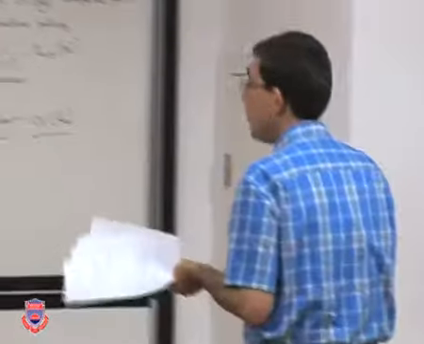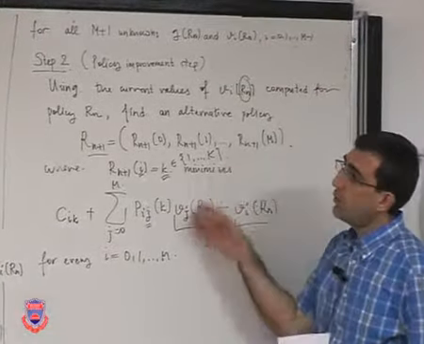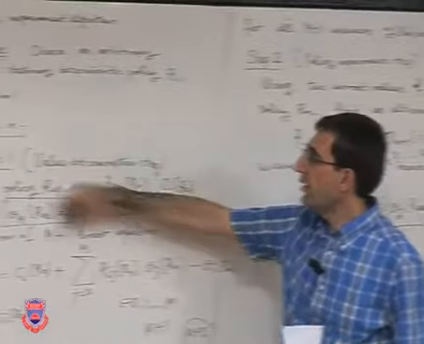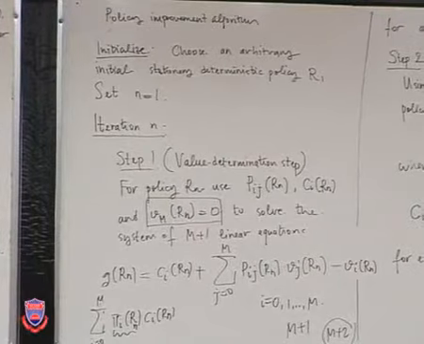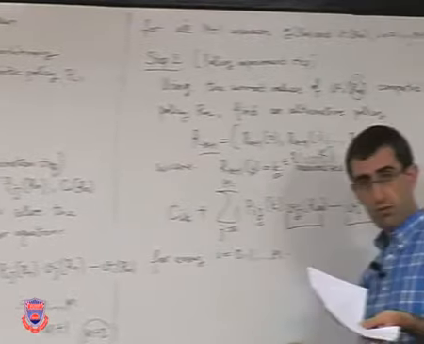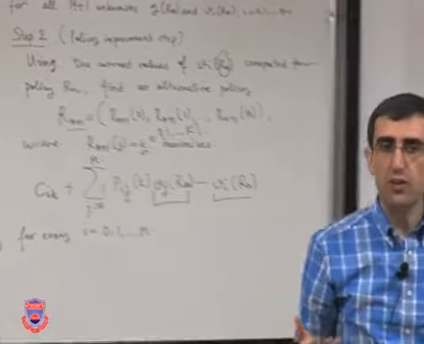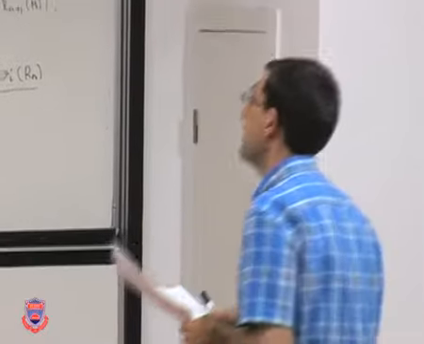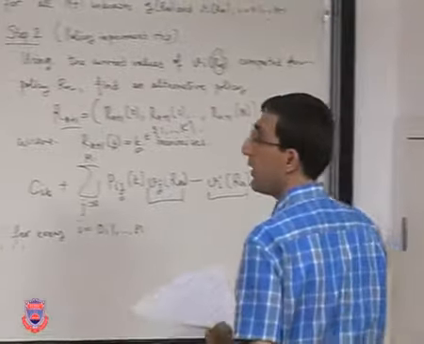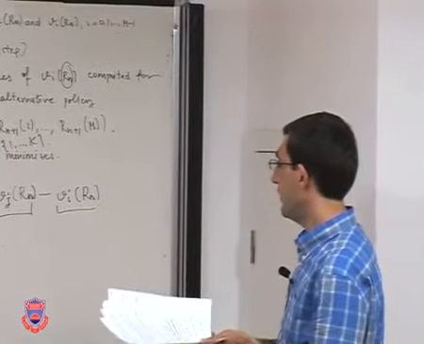And as I said before, since we assume that we have a finite number of states and a finite number of actions, you will have to iterate these two steps a finite number of times until you find the solution. So this algorithm is quite powerful. It converges, and for reasons that we don't really understand very well, it converges quite fast. It takes, as I said, not more than 15 steps on average, in most cases, before it finds an optimal solution.